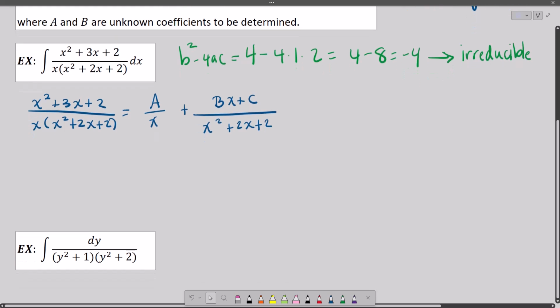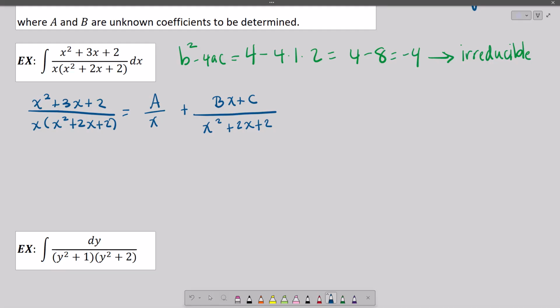Now, we clear the fractions. So we multiply both sides by this denominator on the left. When that denominator multiplies to this fraction, the x's cancel, so we'll have A multiplied by this. When that denominator multiplies to this fraction, we'll end up with bx plus c times x, because this denominator will cancel with that denominator.